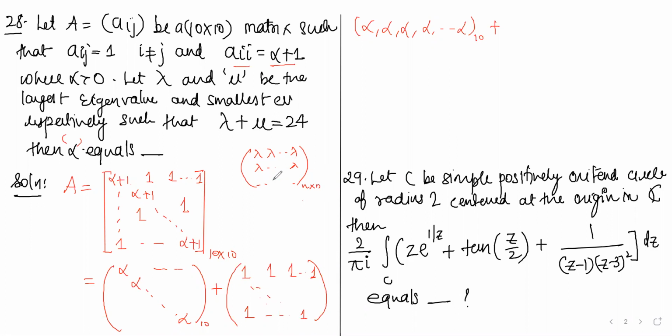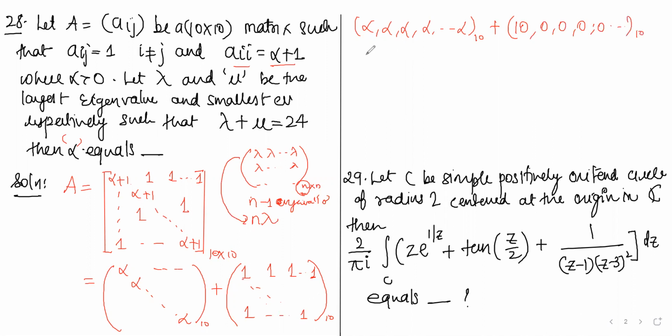Then it has n eigenvalues, but n minus 1 eigenvalues are 0, and only one eigenvalue is n times lambda. So one eigenvalue for this matrix is n lambda, and the rest of all the eigenvalues are 0. Here, one of the eigenvalues for this matrix will be 1 times 10, so 10 is one of the eigenvalues, and the rest of them are simply 0.